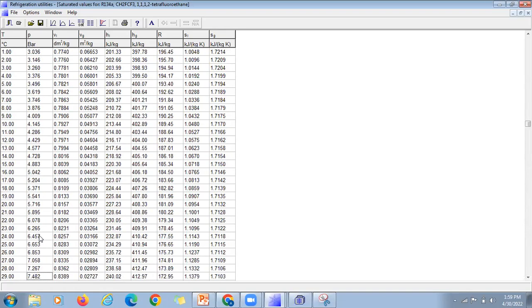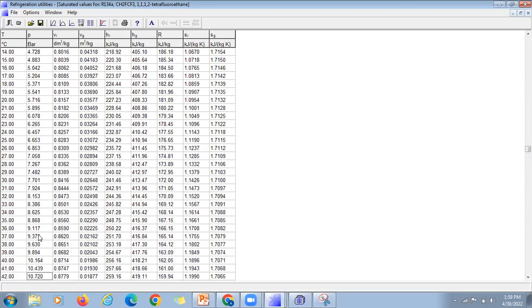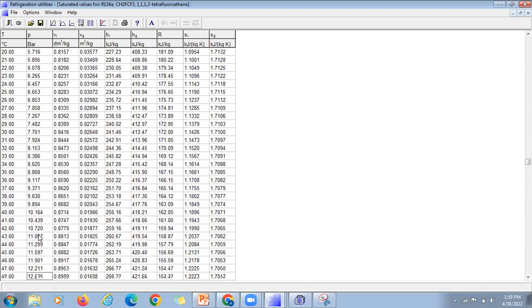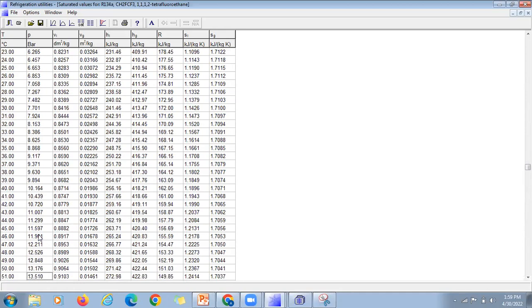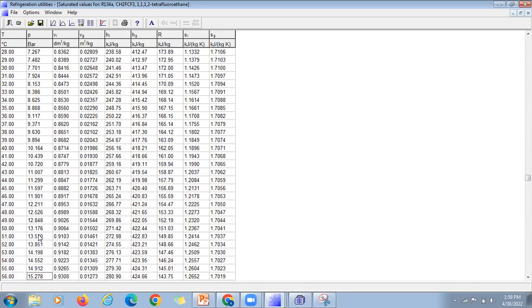So I will look for 30 Celsius. See, 30, I bring it to the top. This line has all the saturation properties.